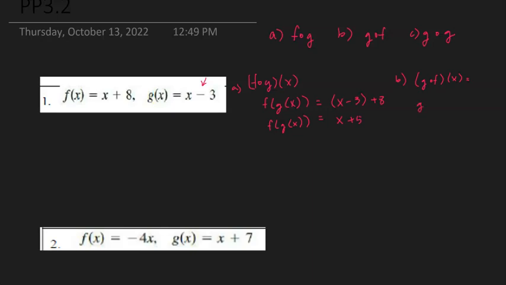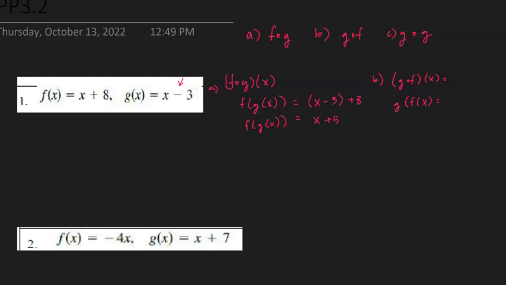It's going to be G of F of X, open up that X minus X plus 8 is the input function, and then we have X plus 5. Right? It's the same function. Write it this way if I wanted to.